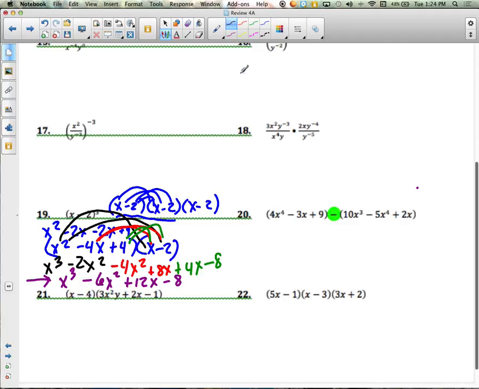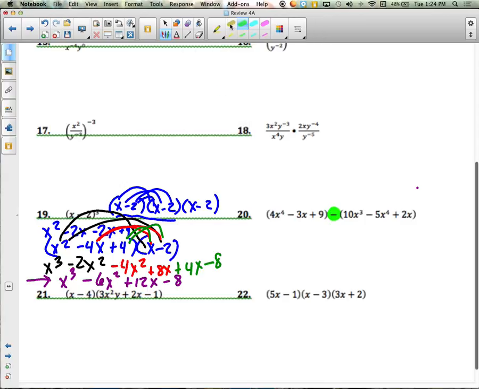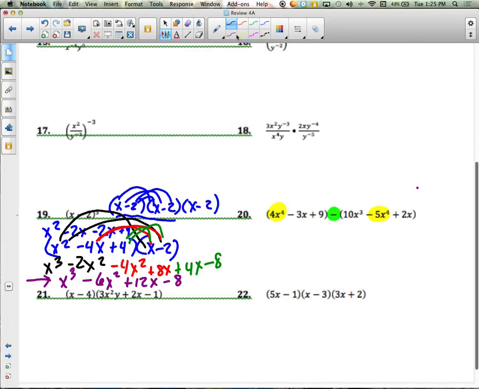I'm going to take the 4x to the fourth, and we look for a like term, it's got one. There's an x to the fourth right here. So I'm going to go 4 minus negative 5x to the fourth. 4 minus a negative 5, minus minus is plus, that gives me 9x to the fourth.